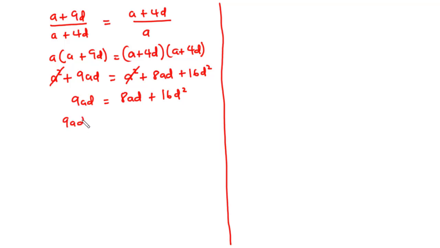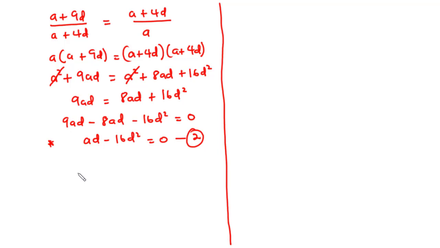So we have 9ad minus 8ad minus 16d squared equals 0. So this is ad minus 16d squared equals 0. Now let's call this equation 2. Let's keep in mind this equation. We are going to come back to this equation.